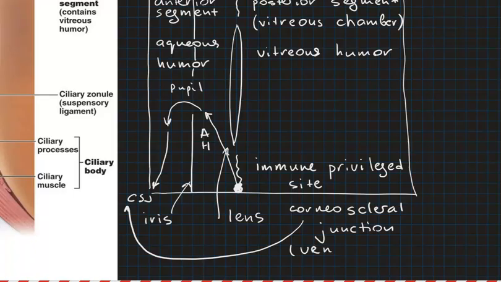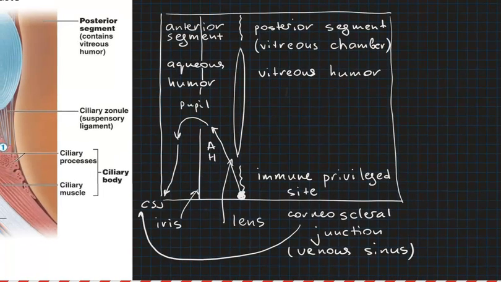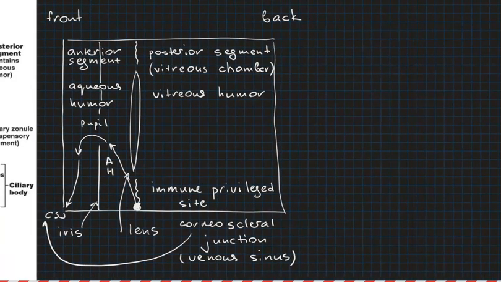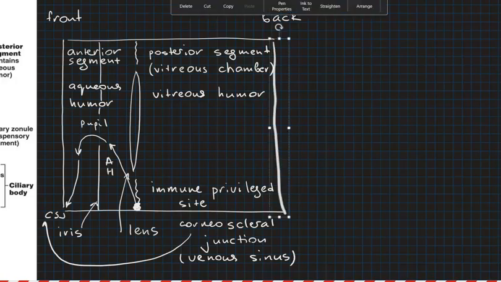There is a venous sinus there. Now, you can see that the anterior segment is divided into two compartments.